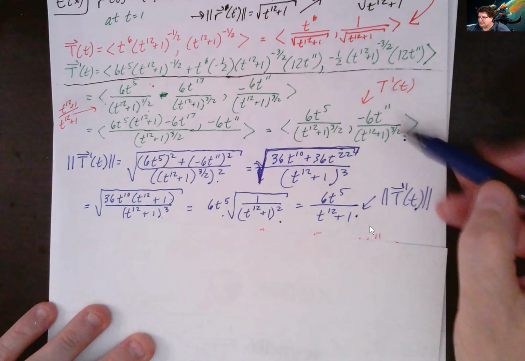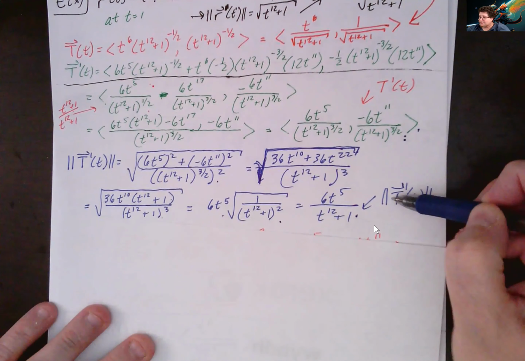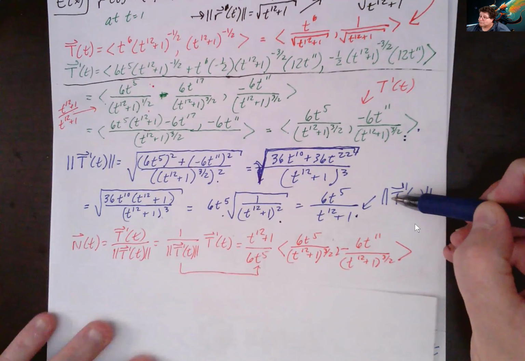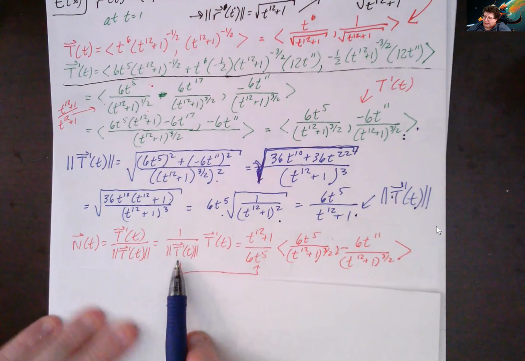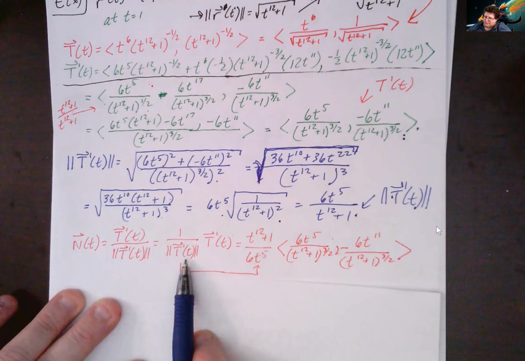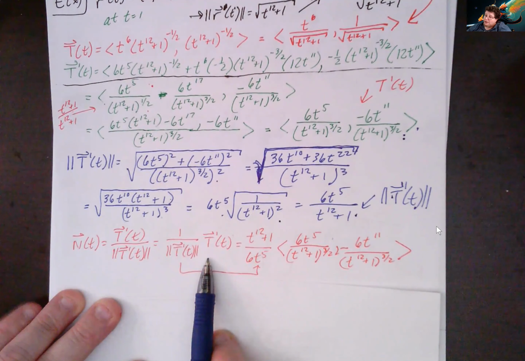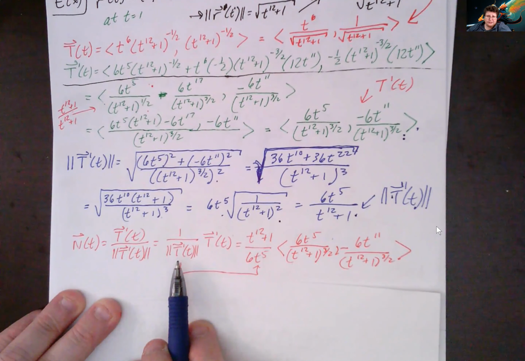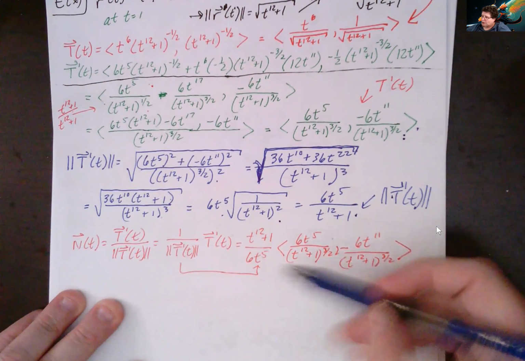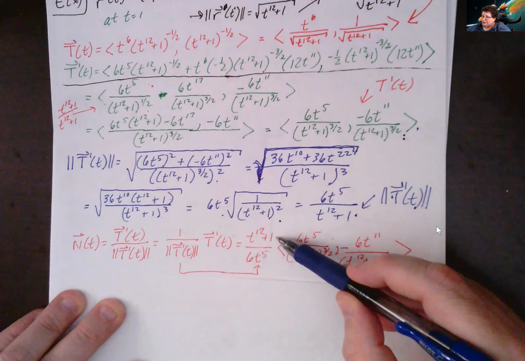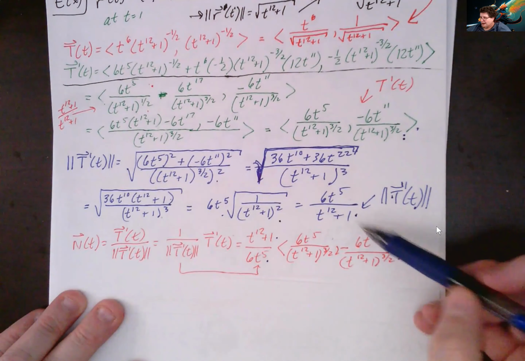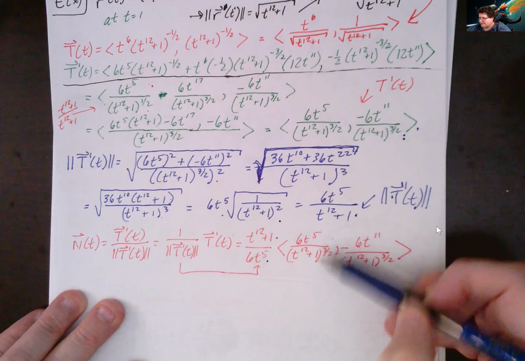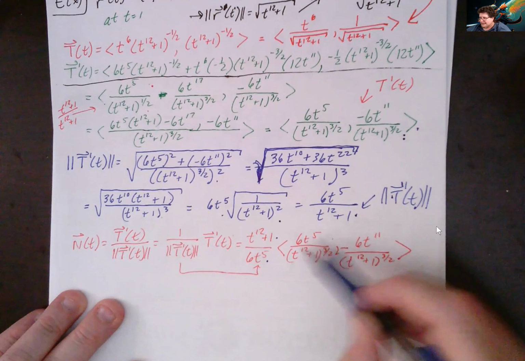When I divide t prime by its magnitude, here I wrote it as multiplying by the reciprocal rather than dividing by the magnitude. Divide by or multiply by the reciprocal. The reciprocal of this is t to the 12th plus 1 over 6t to the 5th. So I multiply that in. Some good stuff happens with the first component, right? This cancels out.